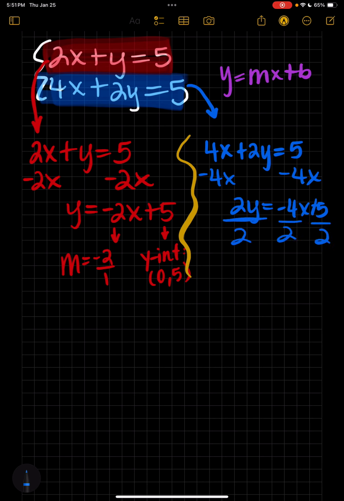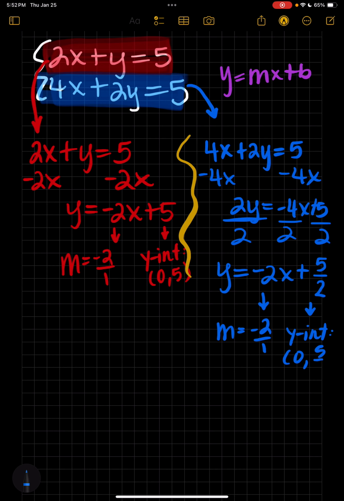So we get y equals negative 4 over 2 is negative 2x plus, I can't do anything with 5 over 2, so that's just 5 over 2. So my slope is still negative 2 over 1, and my y-intercept is at 0, 5 over 2.